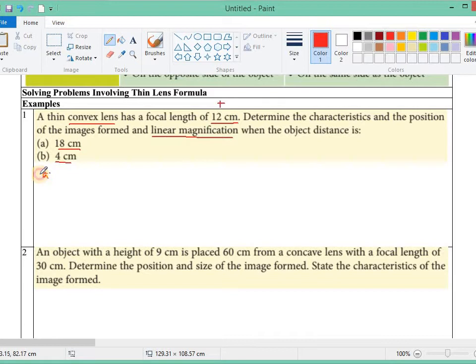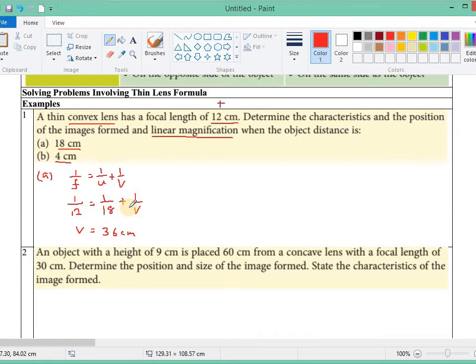So from 1 over f equals 1 over u plus 1 over v, the focal length we put 12, object distance is 18. We want to calculate the image distance. We will find that the image distance is 36 cm.